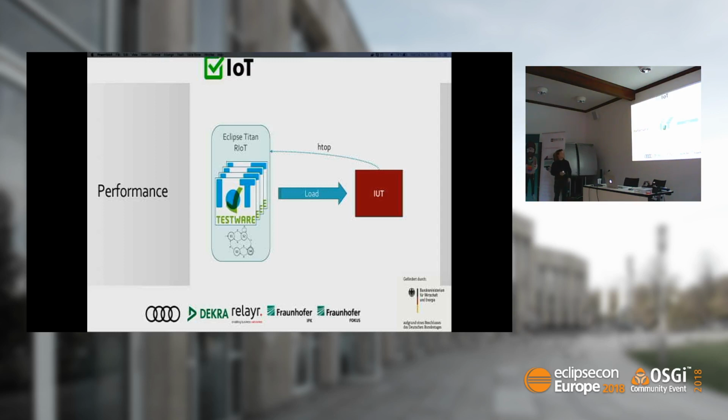So we plan to use this feature and generate load for the implementation under test, and measure different kinds of metrics on the IoT, having more parameters to evaluate the IoTs.